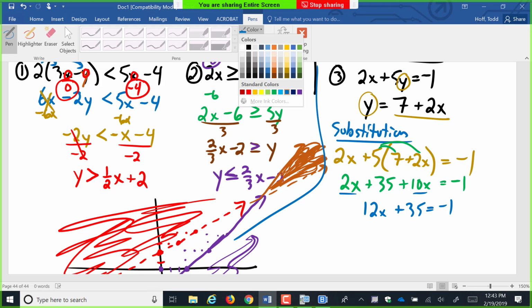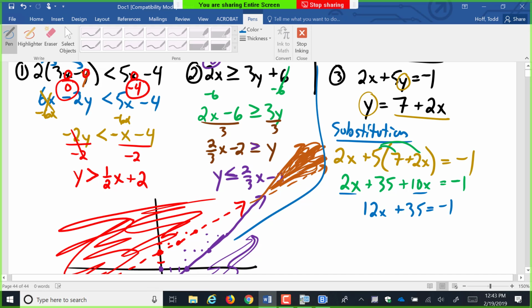And then subtract 35. Perfect. So we've got 12x equals -36. Finally, divide by 12.